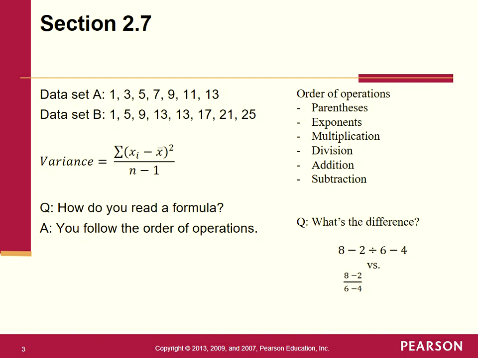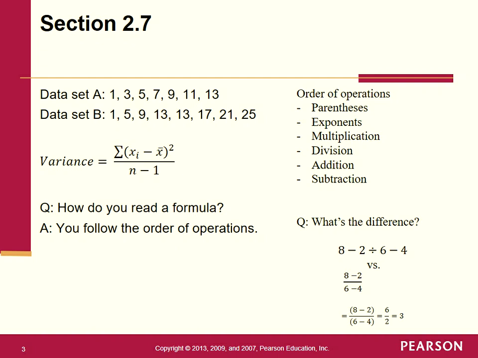It's like there are parentheses in both the numerator and the denominator. So you do the 8 minus 2 first, which is 6. Then the 6 minus 4, which is 2, and you get 3.